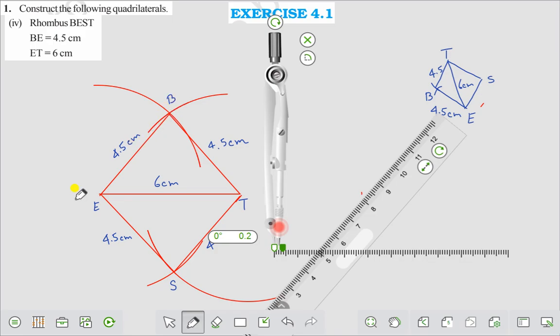So we are getting B and BT as 4.5 centimeter. And again with E as center we make an arc of 4.5 centimeter here, and with T as center we make another arc of 4.5 centimeter here, and we get this line ST as 4.5 centimeter, ES as 4.5 centimeter, and you see this is the rhombus with all the sides equal.